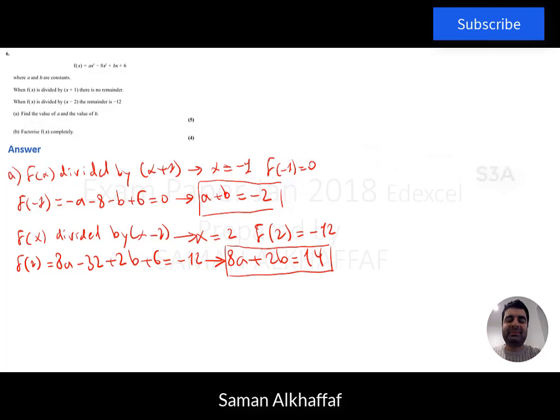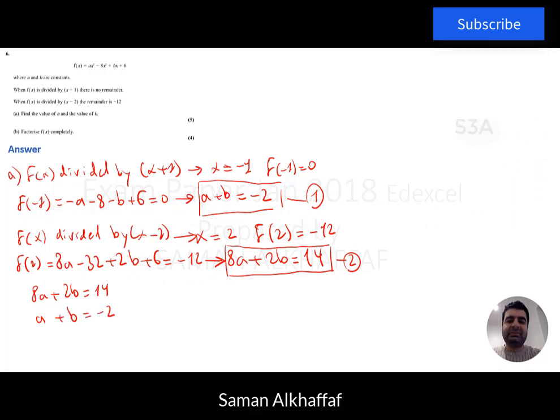Now we will solve these two equations. This is equation 1 and this is equation 2. We have 8a plus 2b equal 14, and a plus b equal minus 2.